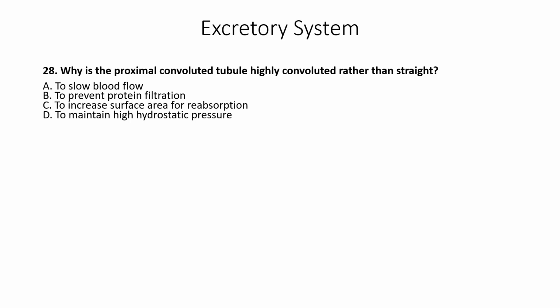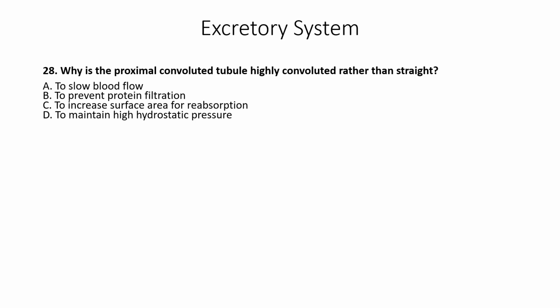So the answer here is option C. That folding up of the PCT dramatically increases the surface area, and the more surface area you have, the more transport proteins, channels and pumps you can have embedded in the membrane.